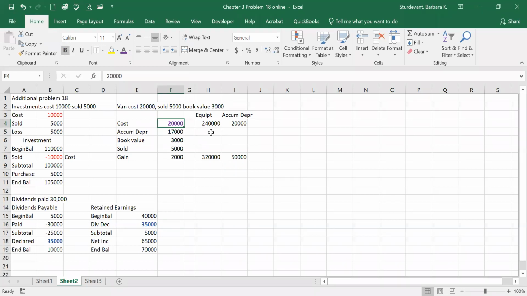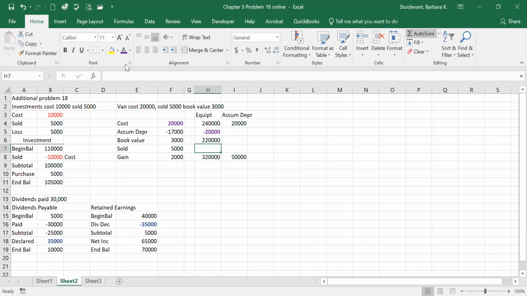So when I sell it, I have to take $20,000 out of my equipment account. Okay, does that make sense? I put it in at 20,000. When I sell it, I take it out at 20,000. This is the equipment account.